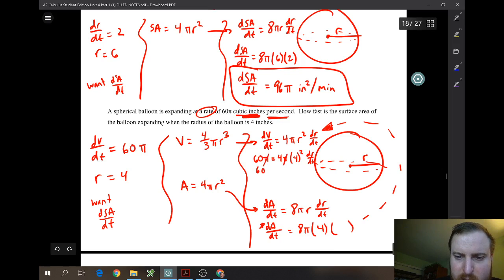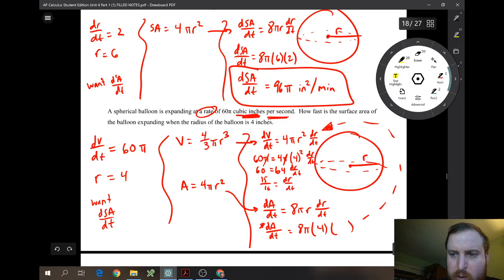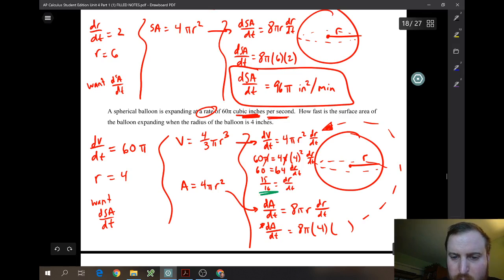So we're going to get 60 equals 16 times 4, which is 64, dr/dt. We can divide both sides by 64. 60 over 64 will simplify to 15 over 16 equals dr/dt. And now that we have that, we can plug this guy in here.